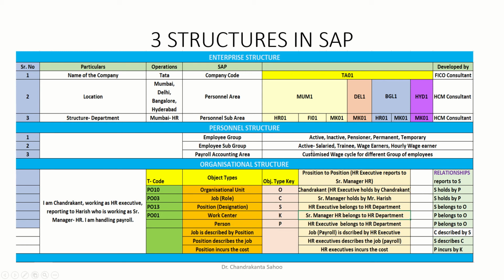Suppose we take the case of active employees. Active employees can be salaried employees, wage earners, trainees, or hour-based people, those who get salary or wage on an hourly basis. That can also be defined. This must be clearly understood.